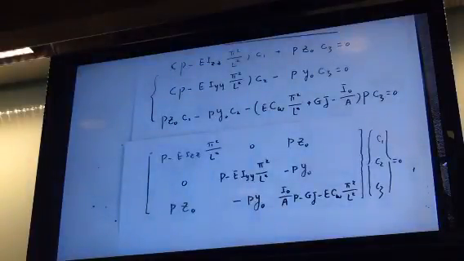The first equation comes from the first row times this column. That first equation, C1, this one times C1.